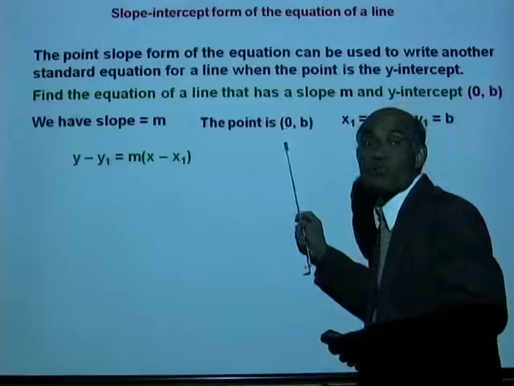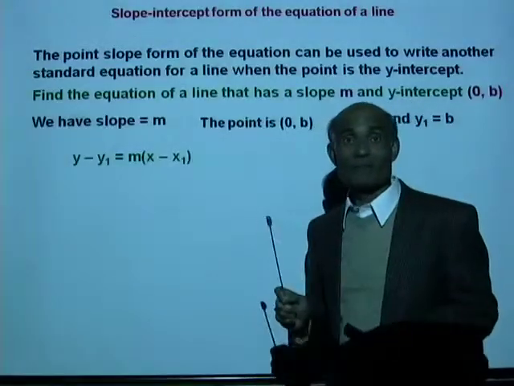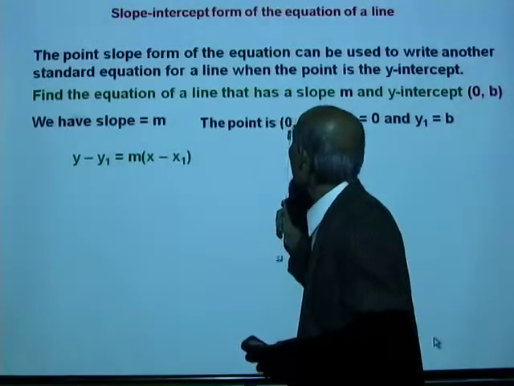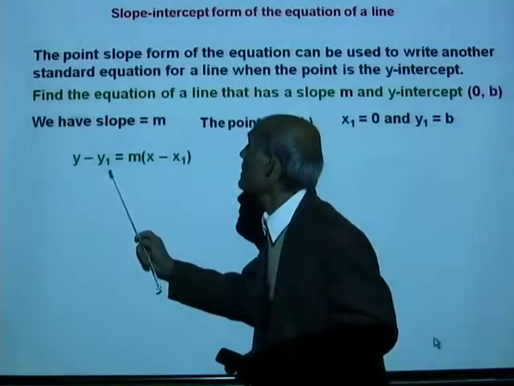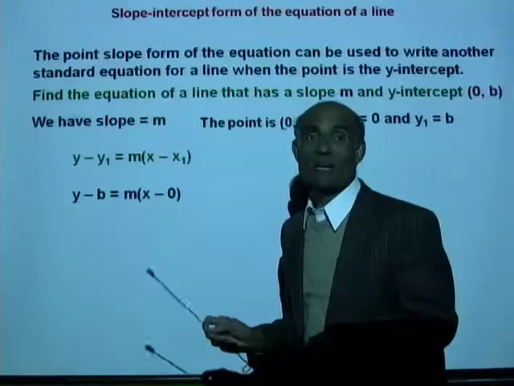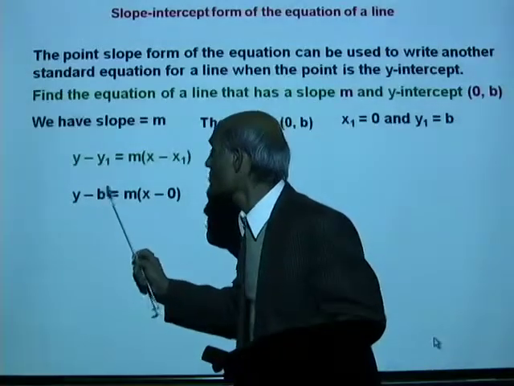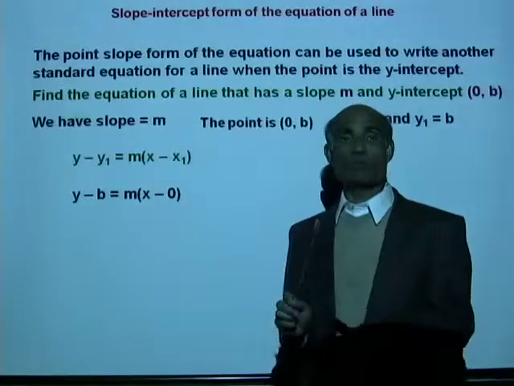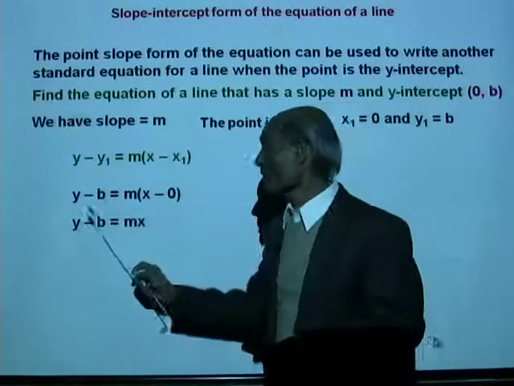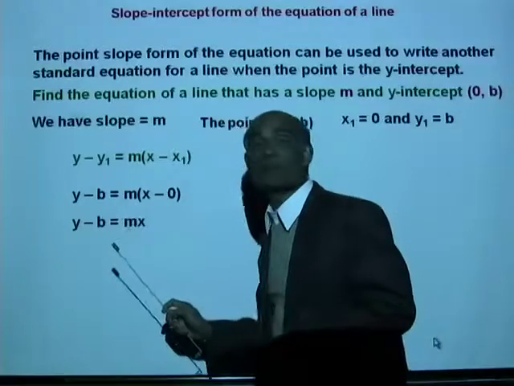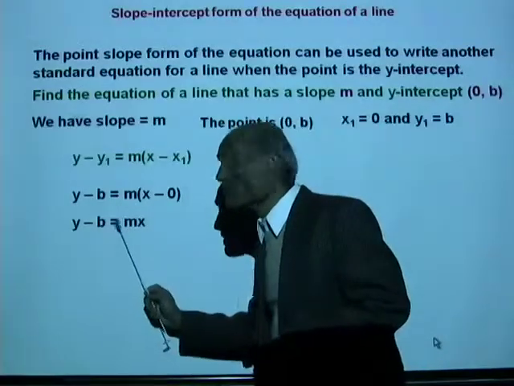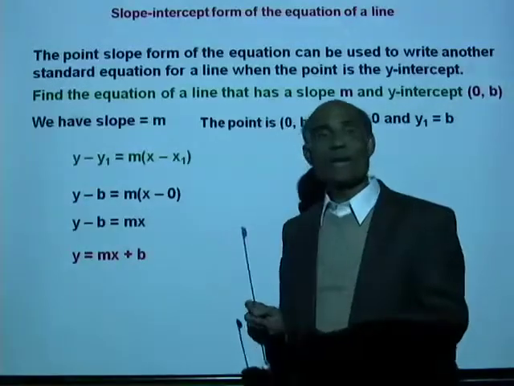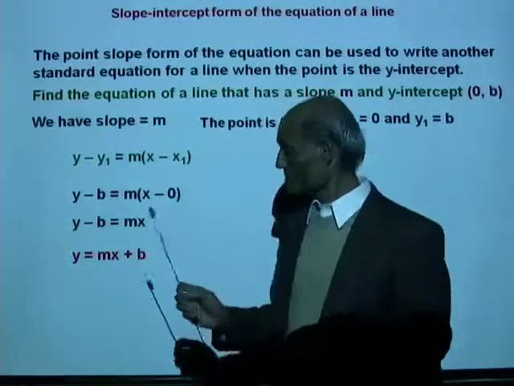This is the specific point that's on the line. So all we need to do is replace our x1 by 0 and y1 by b, and what do you get? Y minus b equal to m times x minus 0, or y minus b equal to mx, and move that negative b to the right side, we get y equal to mx plus b.